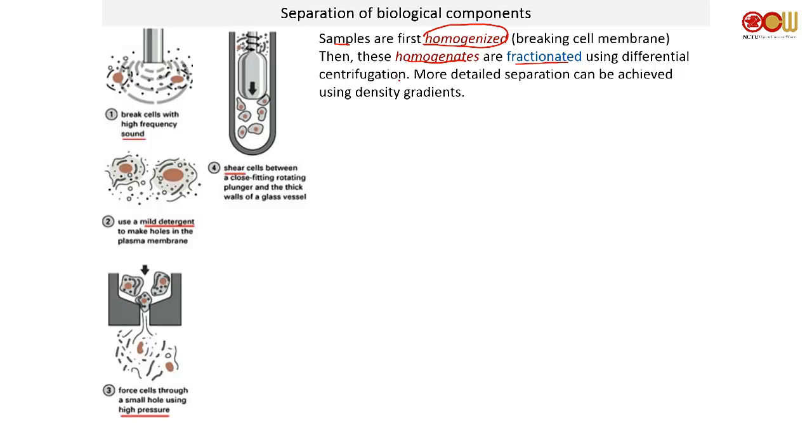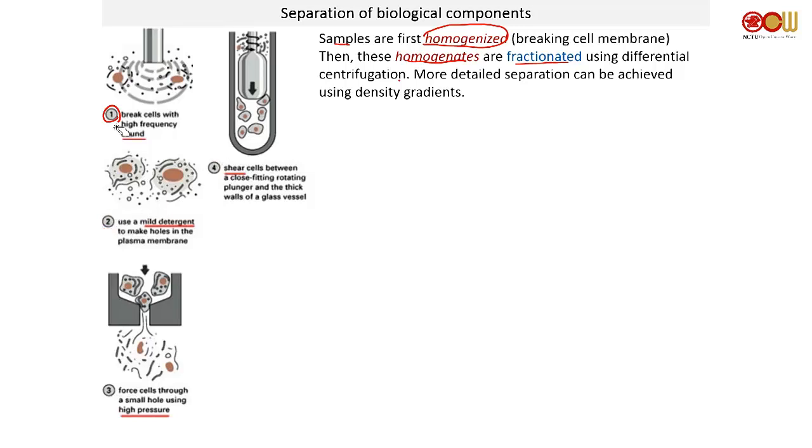The picture on the left shows 4 common methods we use to break cells. In my lab, I frequently use number 1, number 2, and number 4, but all of them are used by different labs.